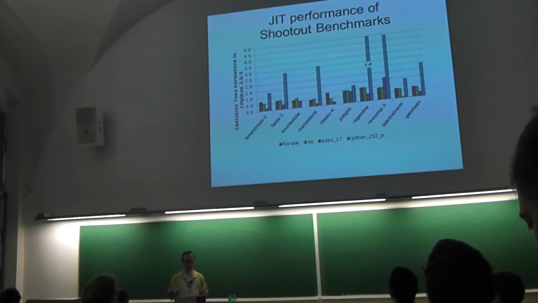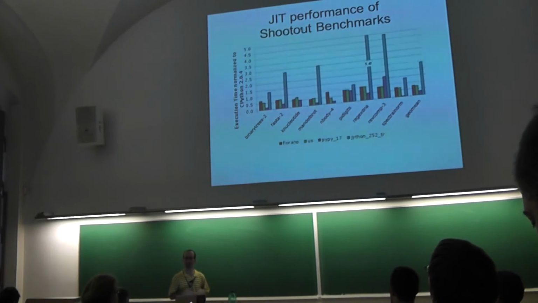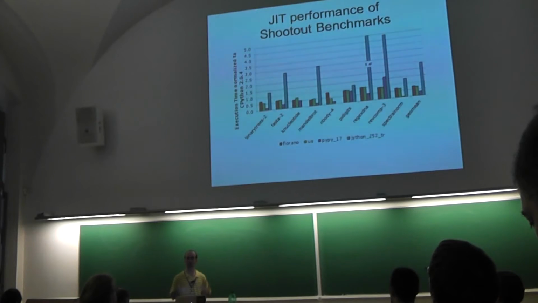But basically, using a traditional JIT, a JIT that was designed for Java or for a statically typed language, pretty much hits a wall and doesn't show a lot of benefit.